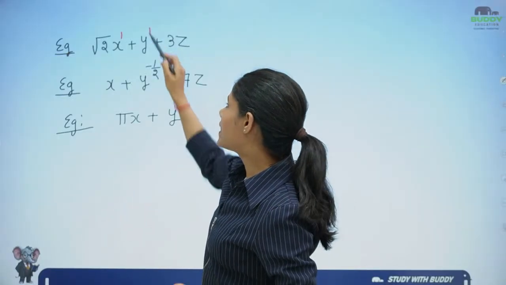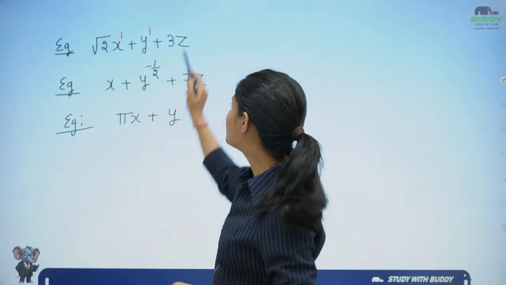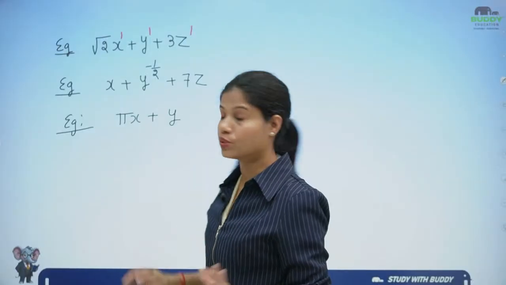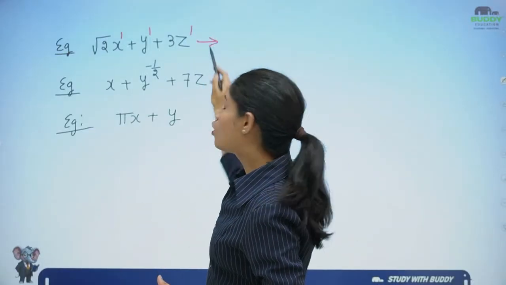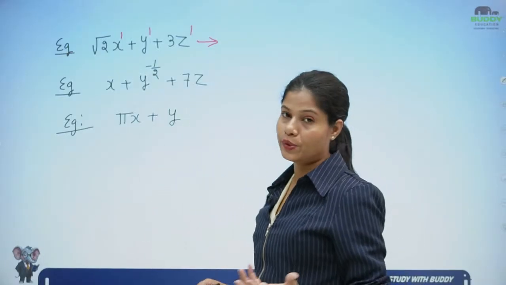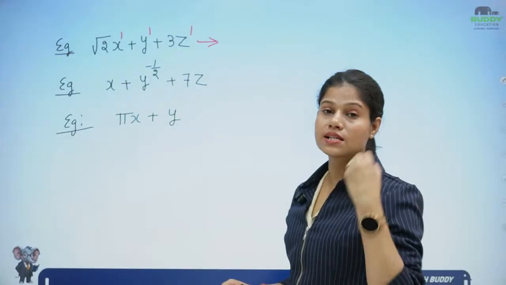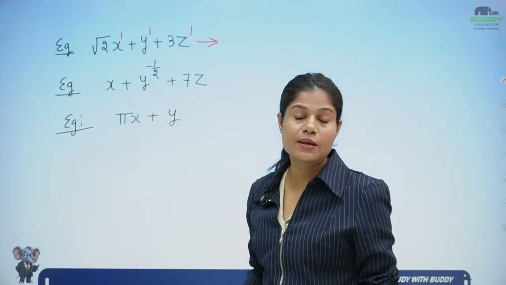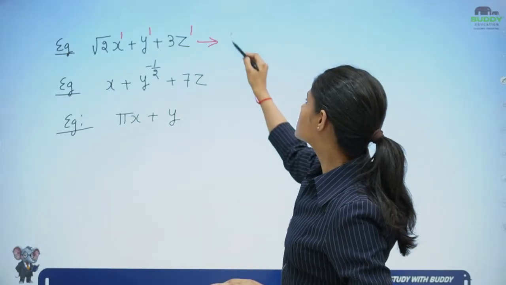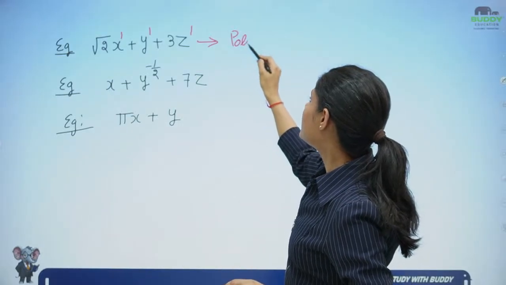The power of y is 1, it is also good to go. The power of z is also 1, so it is also good to go. So is there any problem in calling this expression a polynomial? No. And we can call this a polynomial in how many variables? This is a polynomial in 3 variables, right? So this is certainly a polynomial.